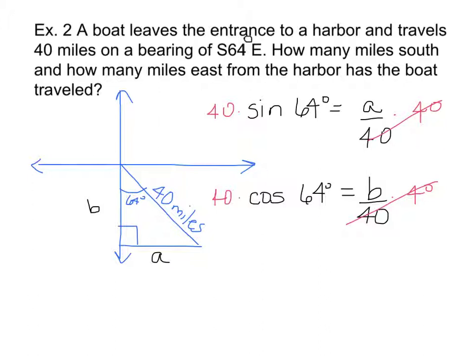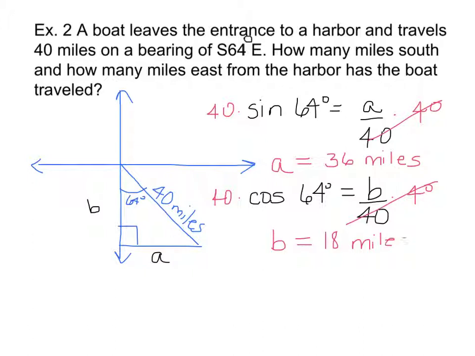So for A, for sine, I got 36 miles. And for B, I got 18 miles.